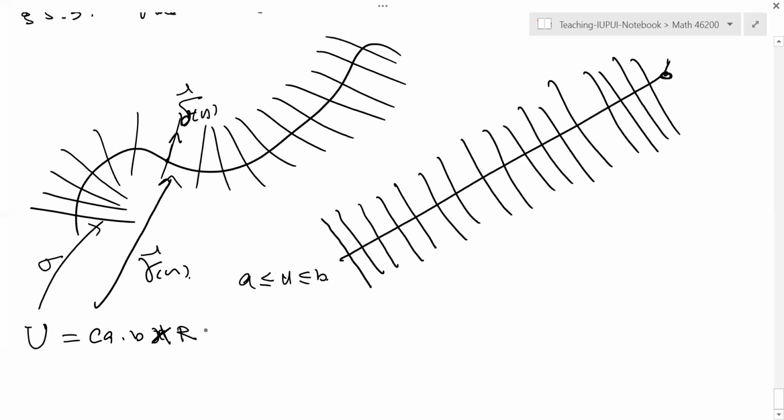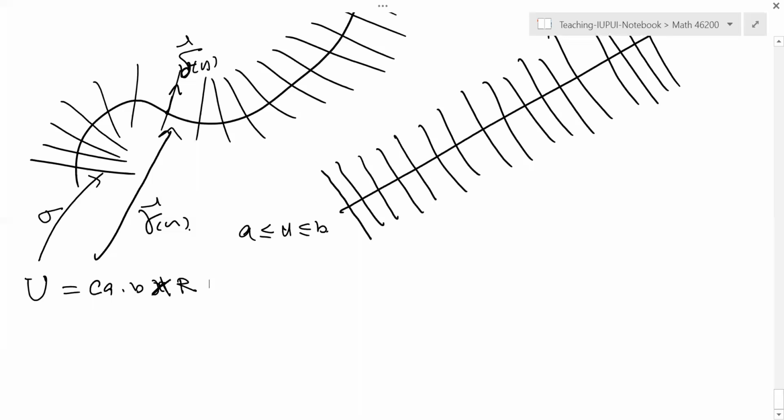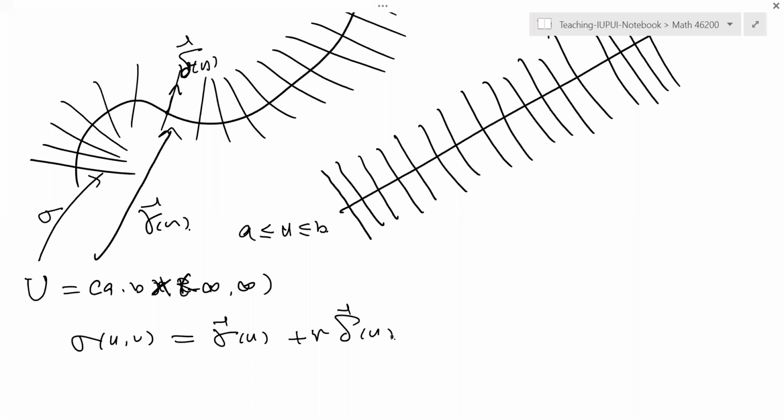There's no restriction on V. But if there's no restriction on the second component, maybe somewhere you're going to get a single point. Okay. So sigma of U, V is going to be gamma U plus V delta U. Delta U is just a vector field along the curve. So that's why it depends on U.